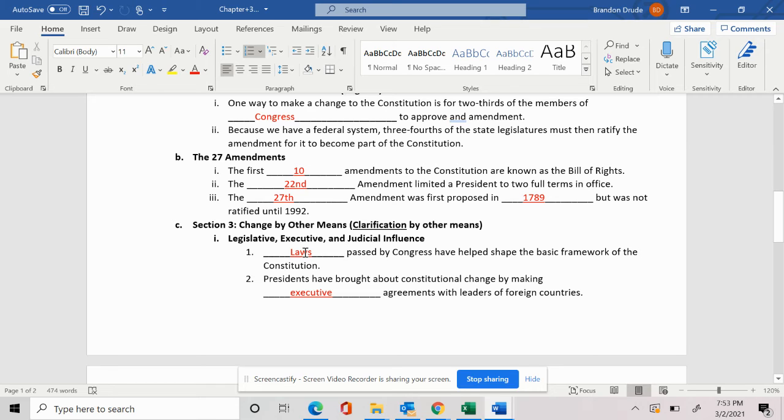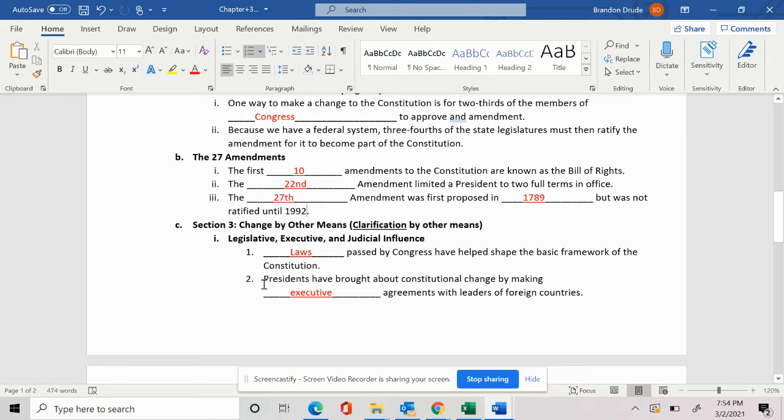The president has brought forth change by making executive agreements with foreign leaders, making foreign relations, the way we interact with other nations and other people. The president has huge influence. The president's influence is what has helped shape the Constitution. The president is seen as our leader. He's seen as our example.